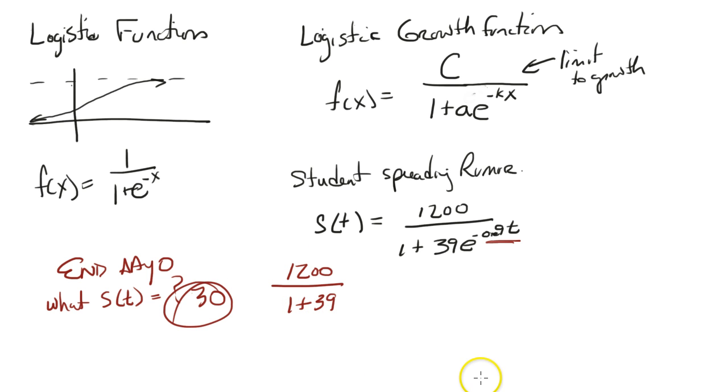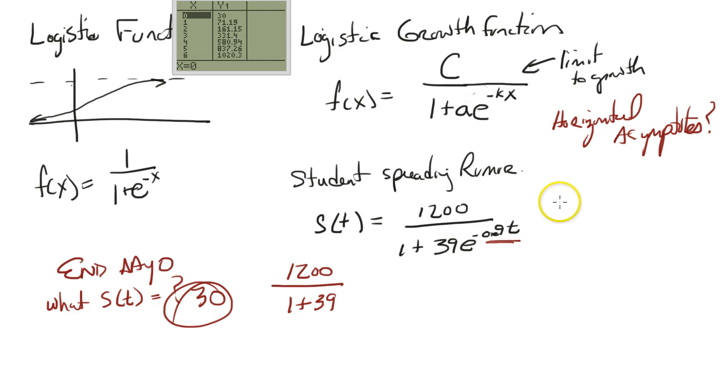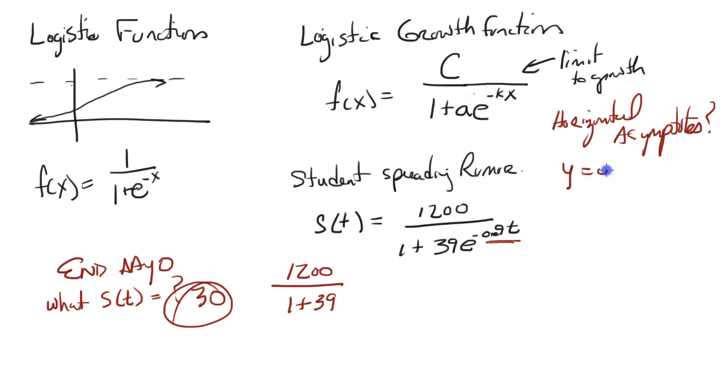So that's another way to do it. What are the horizontal asymptotes? Why don't you write those down? There are 2. Y equals 0. Y equals 1200.